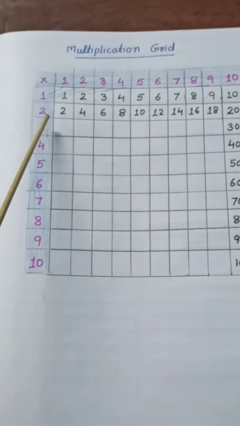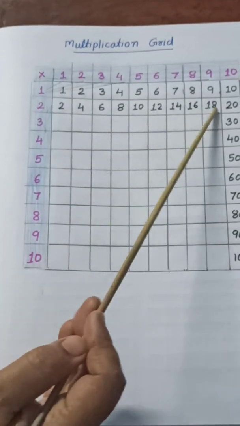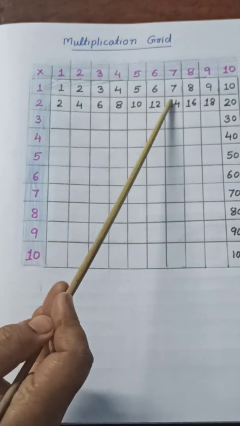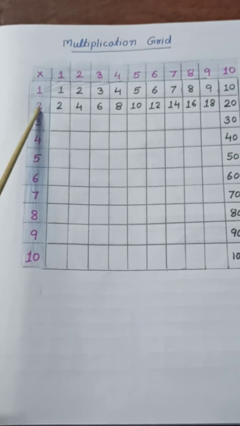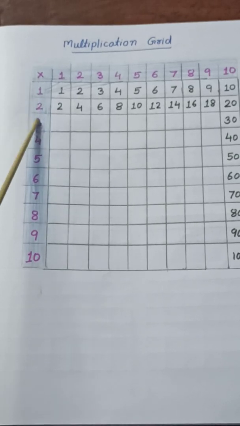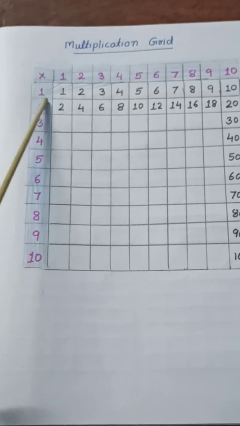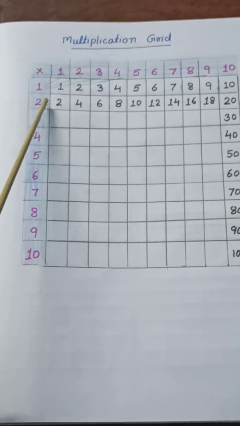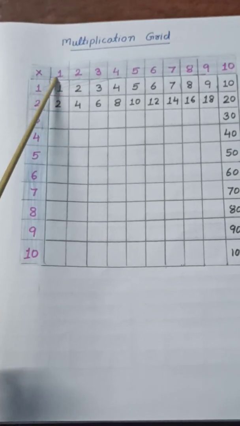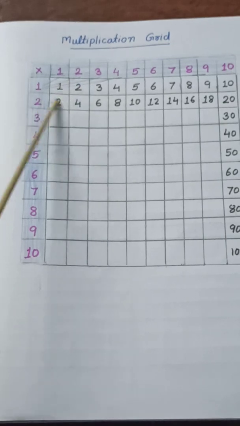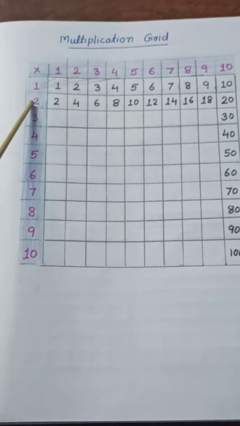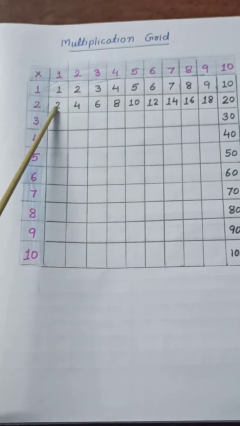Right. Then we see table 2. How to find it? We see the second number of the first column is 2, and we start to multiply by 1, then by 2, by 3. Okay. So 2 ones are 2.